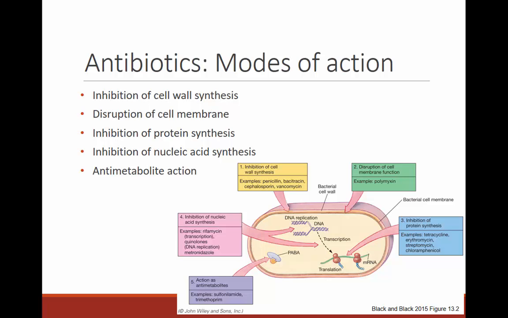Now, how do they work? How they work is grouped into a number of different sets. So you've got the cell wall. If you interfere with the cell wall synthesis, then you wreck the integrity of the cell completely, don't you? And it can't survive, it can't replicate.